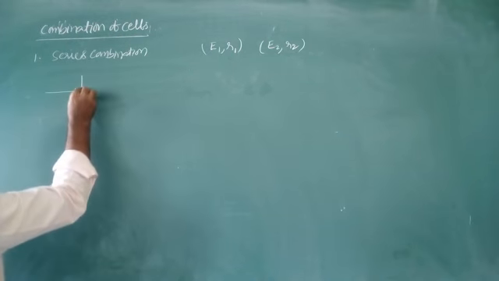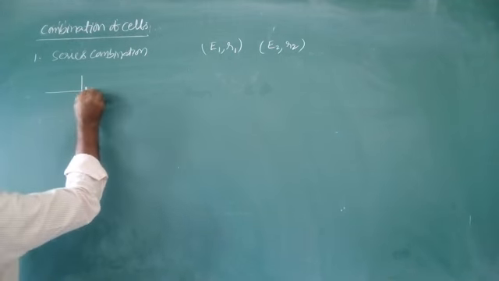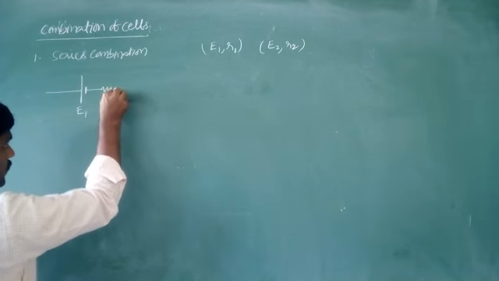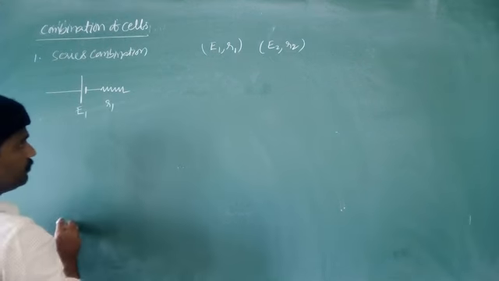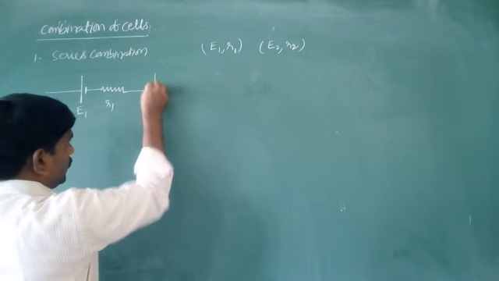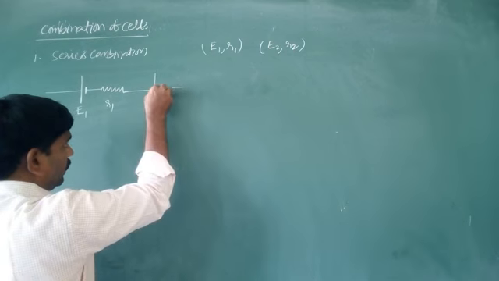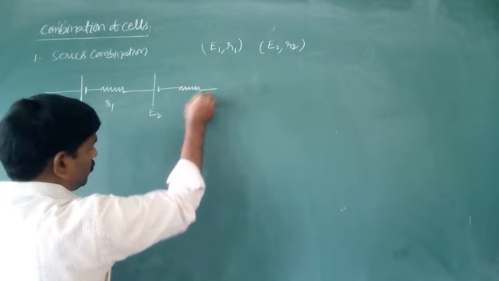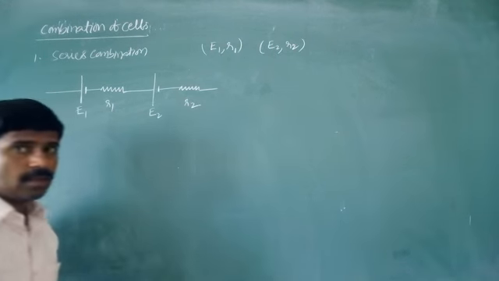How are those connected in series combination? This is the symbol for this cell, having the EMF E1 and internal resistance R1. Next one is connected to the second cell having the EMF E2 and internal resistance R2.